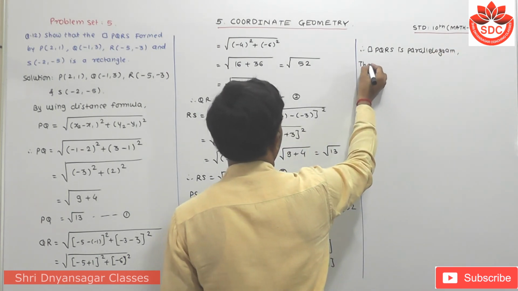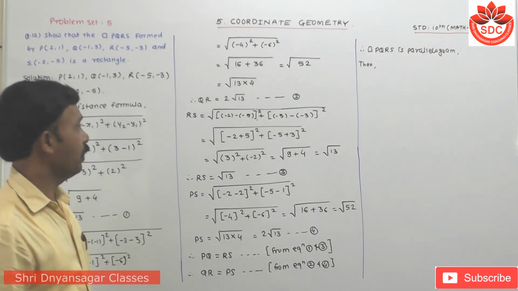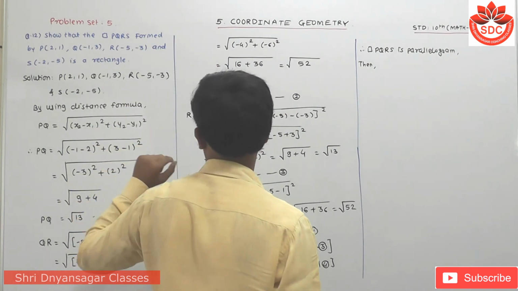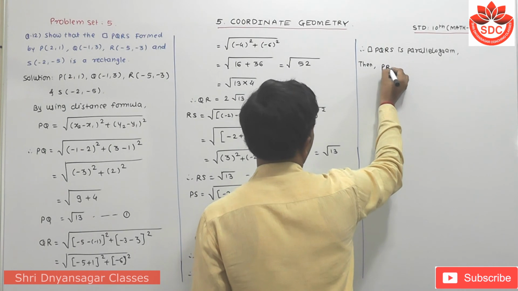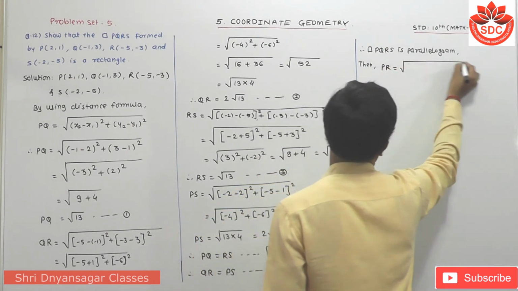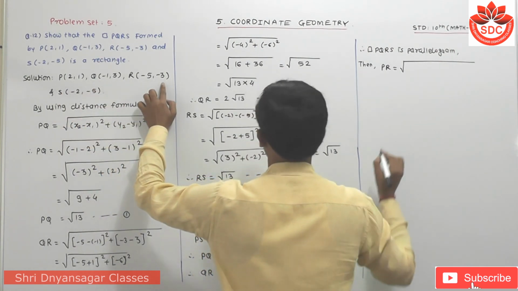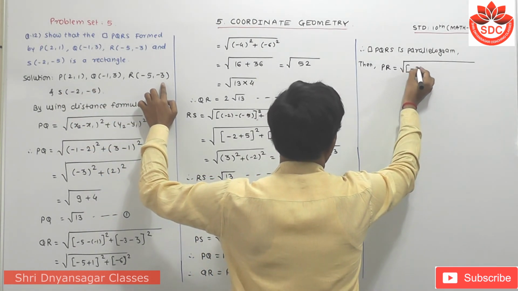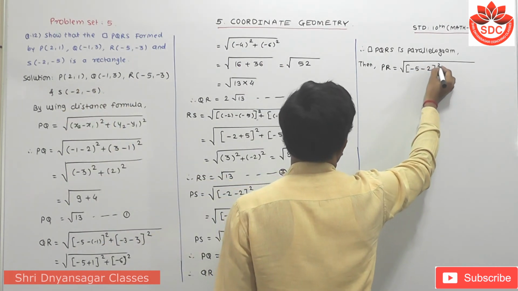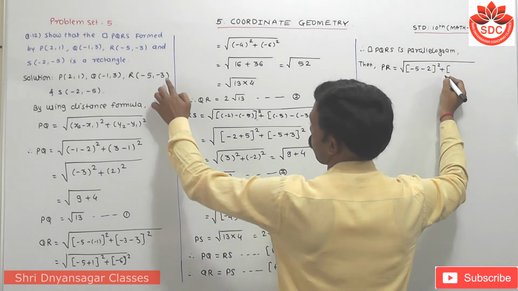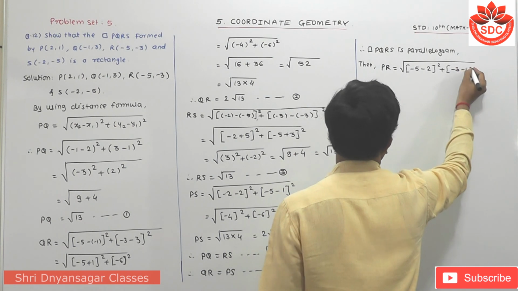Then I have to find the length of the diagonal. Now here in this quadrilateral PQRS, PR is the diagonal, so I have to find this PR by using the distance formula. PR, take x1 y1, this is x2 y2. Then I have to write here x2 is minus 5 minus x1 is 2 bracket square plus y2 is minus 3 minus 1 bracket square.